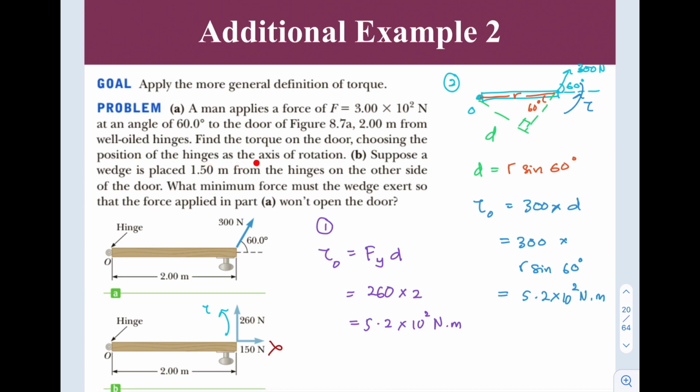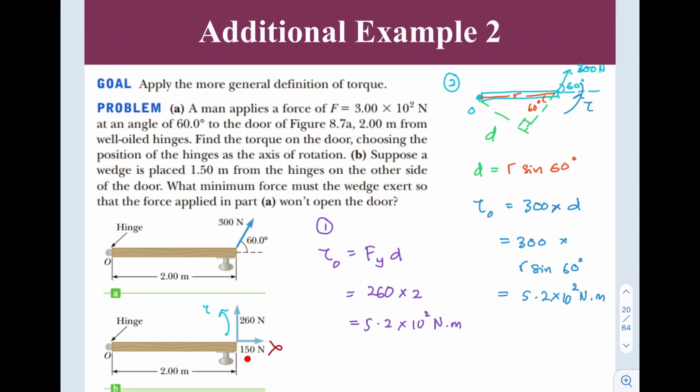Find the torque on the door, choosing the position of the hinge as the axis of rotation. So for the first part, we have the force applied here, so we are going to resolve it. Resolve the 300 Newton into X and Y components.